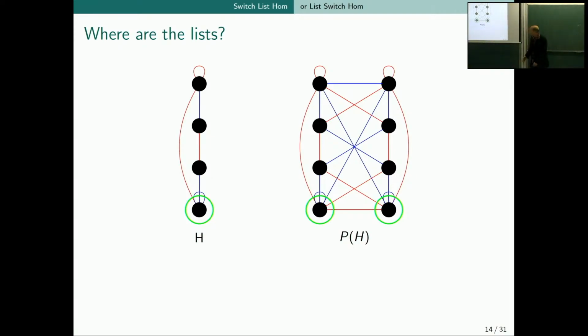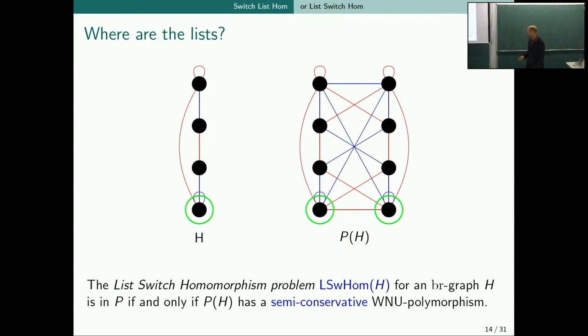So the weak near unanimity polymorphism I have on this to make it polynomial doesn't preserve every list. I could take these three vertices and they could map to this. So my weak near unanimity function doesn't have to be completely conservative.